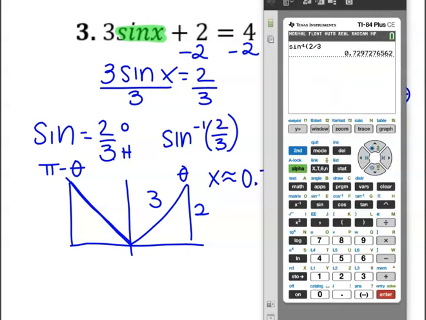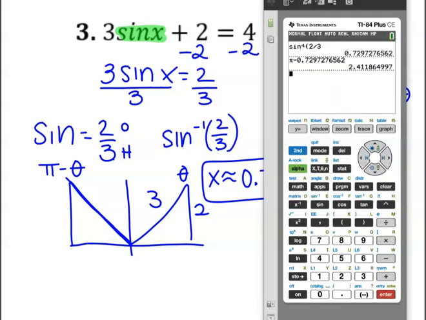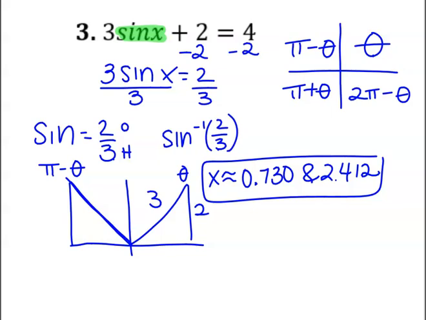So to get the angle in the second quadrant, I have to do pi minus, and I go up and grab that angle. And so 2.412 is this angle in the second quadrant. Did I write that right? Yep.